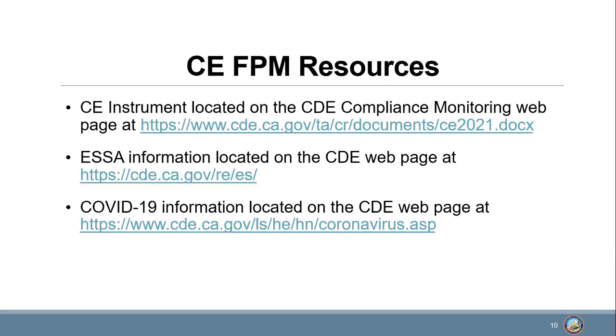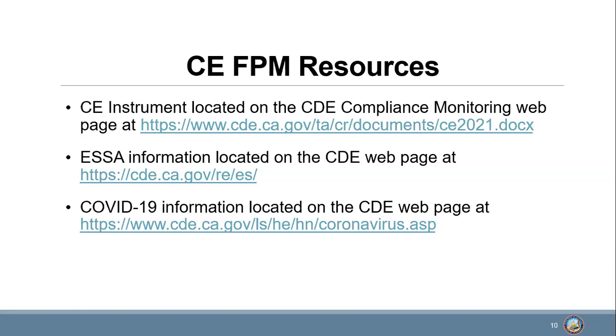Again, just to be of further assistance to you, the instrument itself is located on CDE's website. Once you have access to this PowerPoint in electronic format, you can just click on that link, or an easier way would be to go to CDE's website, where there's a search box, and if you just type CE instrument, you will see the document in Word format.